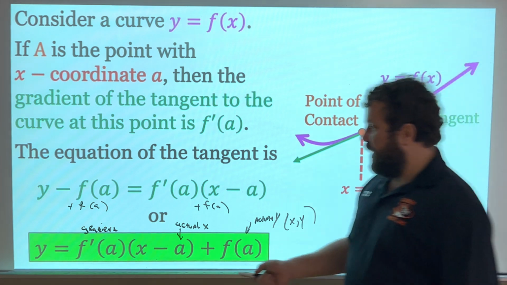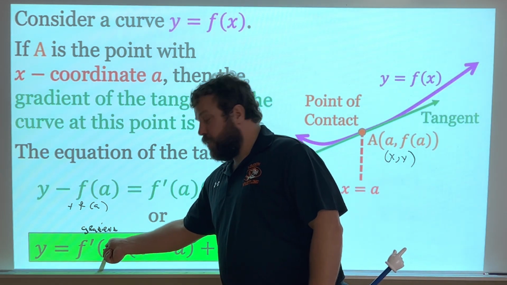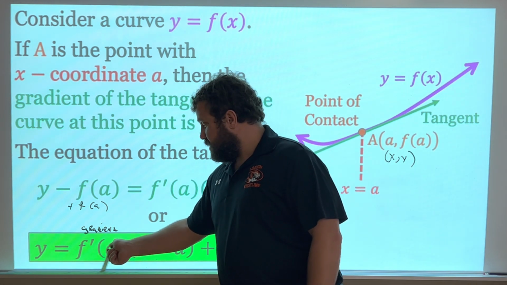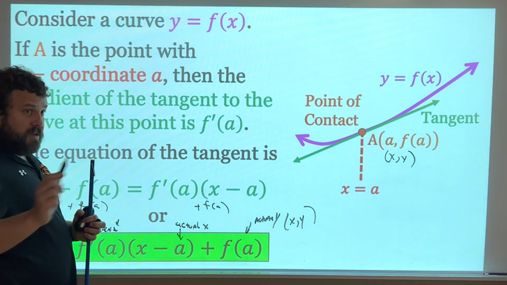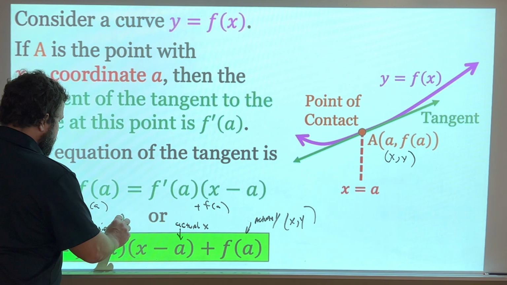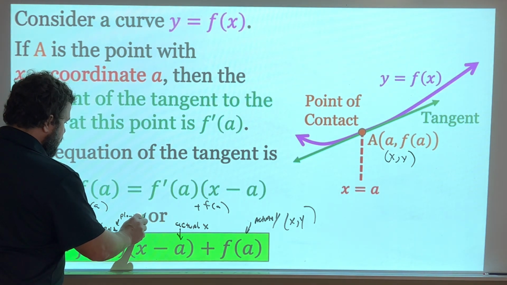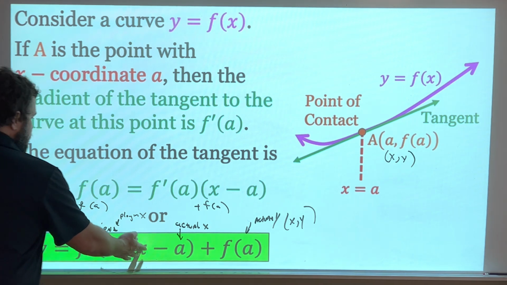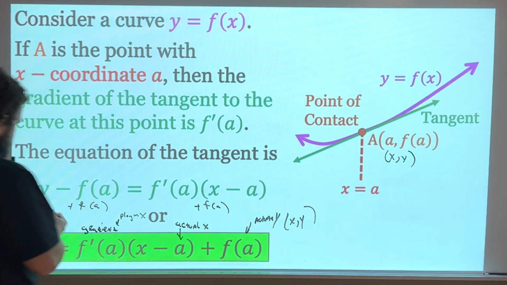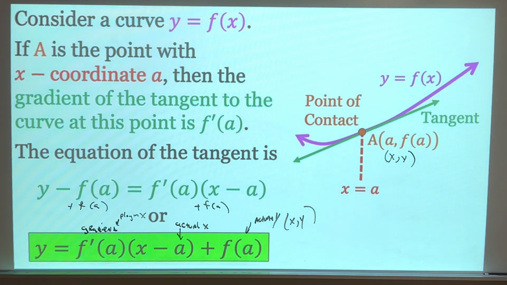All right, so you'll be finding the gradient, which is going to be a number. Okay, so this is your gradient, and what you're going to do is take the derivative, and you're also going to plug an x into that derivative. So when you do that, you're going to get a number, x minus a number plus a number. Right? That's not too terrible, is it?